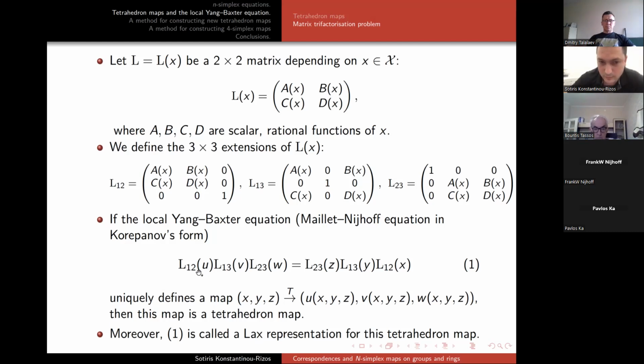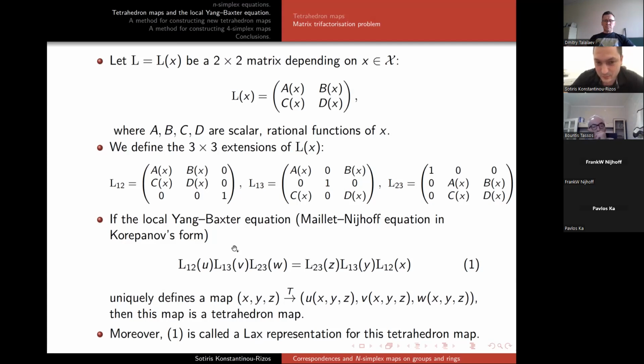This equation is well known as the local Yang-Baxter equation, but Kashaev, in one of his talks, used to call it the Maillet-Nijhoff equation in Korepanov's form. This is very precise, long but very precise.